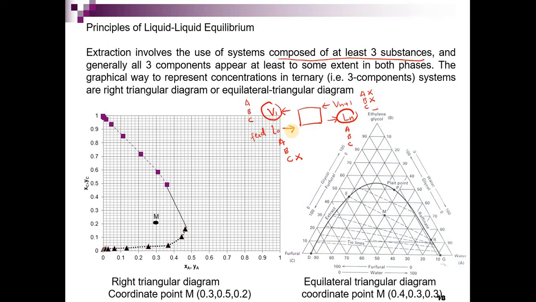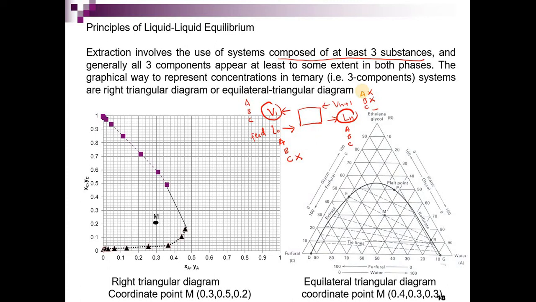That's why the statement says that the system is composed of at least 3 substances, and generally all 3 components appear at least to some extent in both phases. So these 3 components we can represent in terms of the graphical method.